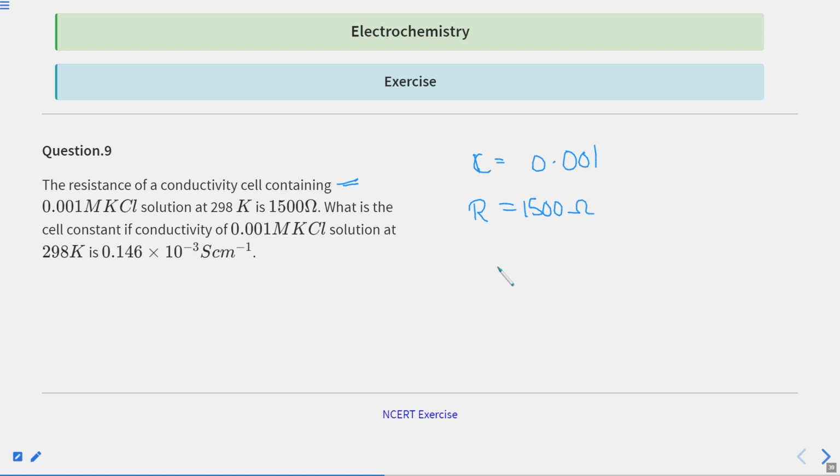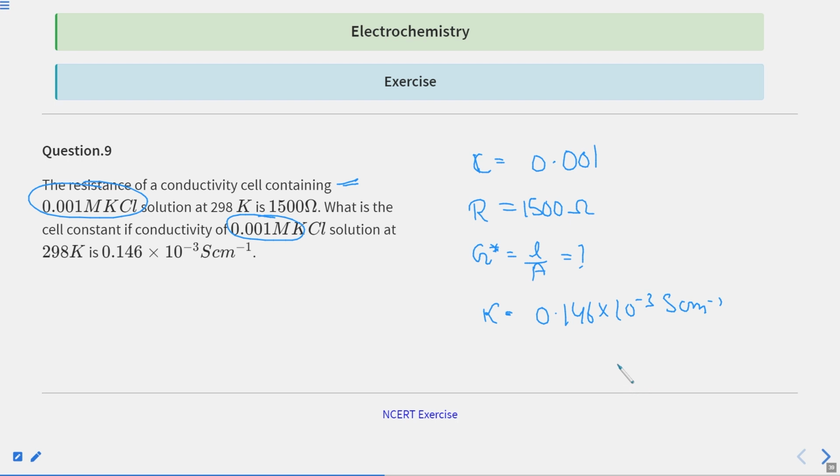And we have to calculate the cell constant, that is L by A. We have to calculate this value, and conductivity of that same concentration solution. You can see the concentration has remained the same. Conductivity is represented by kappa, and this is given as 0.146 into 10 to the power minus 3 Siemens centimeter inverse.